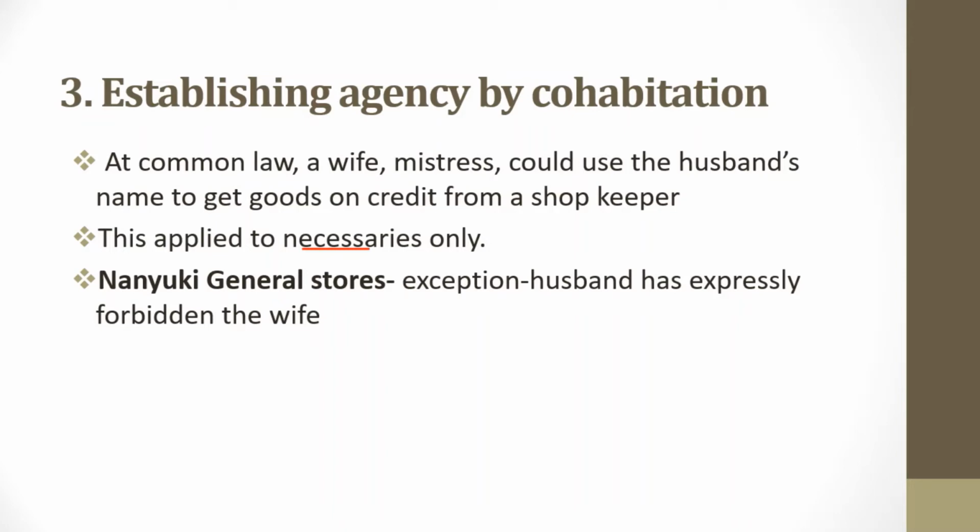However, this was an exception to that rule because the husband had expressly forbidden the wife from using his name to get commodities from any kind of shop. And so I hope you've understood that we started from the fact that you can establish an agency through an express agreement, through conduct, and now through cohabitation.